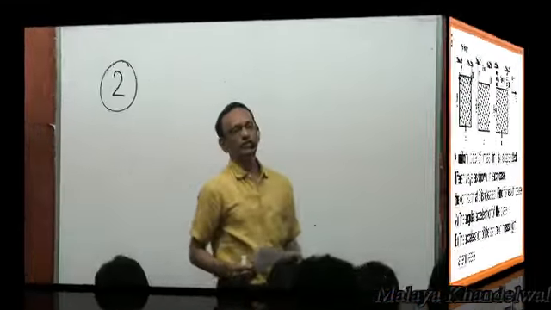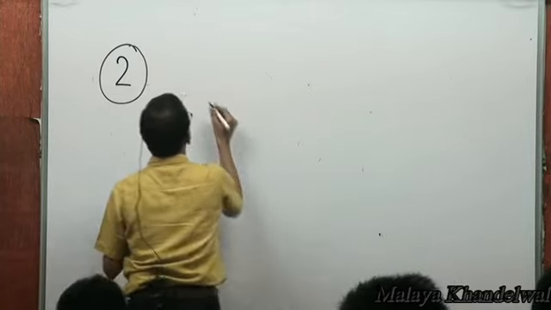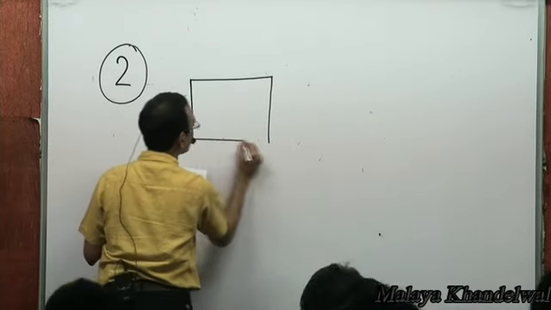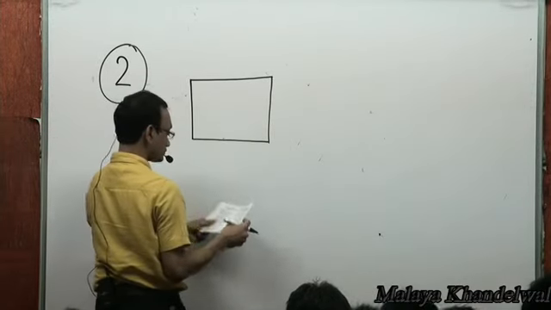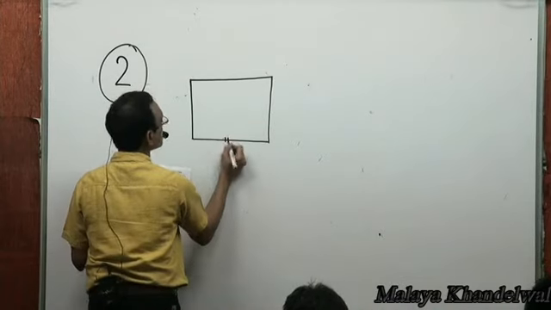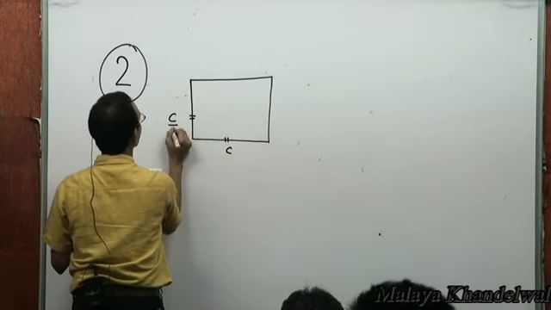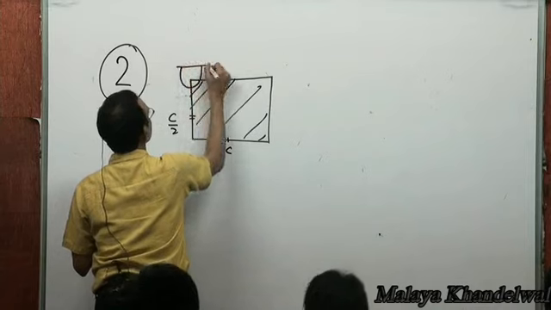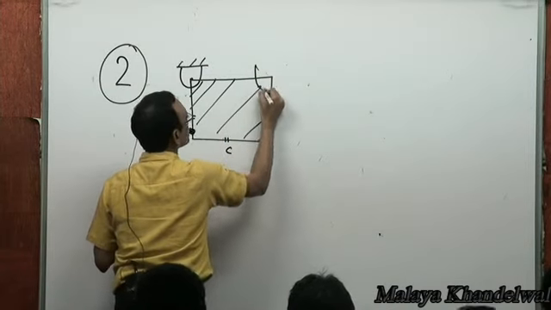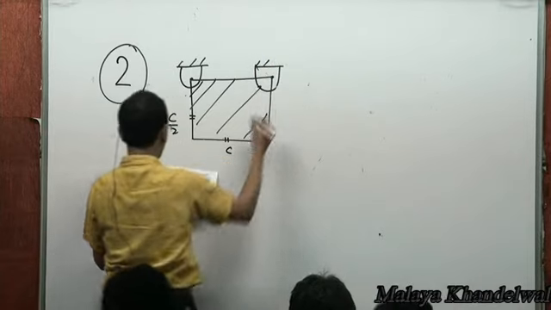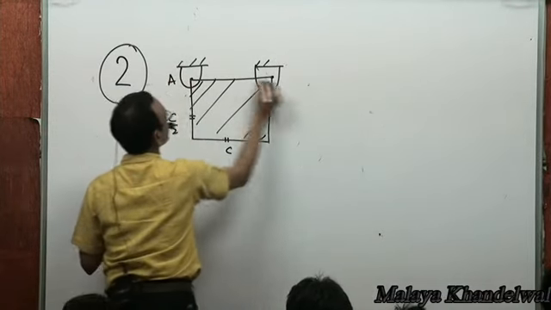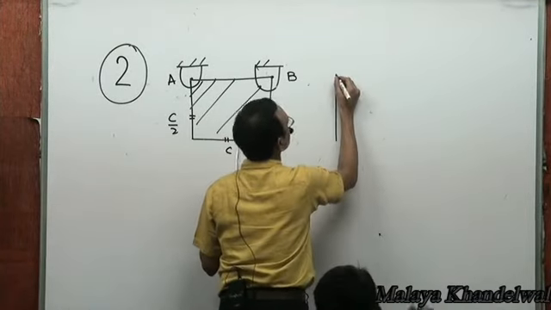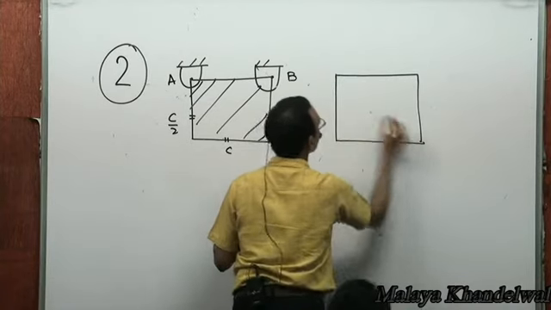Okay. Here we have a square plate in 3 possible configurations. This is a square plate hanging vertically, length C, width C by 2, and one way it is being held is with these 2 pins A and B. The other mode of holding it was the following.